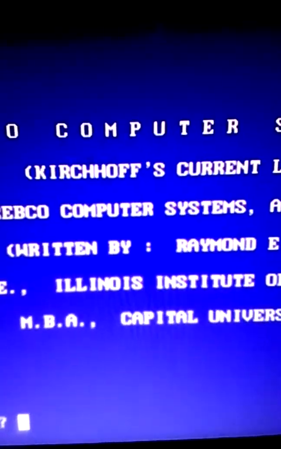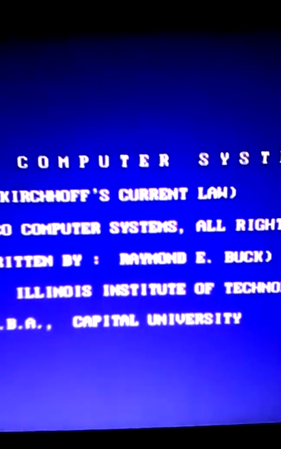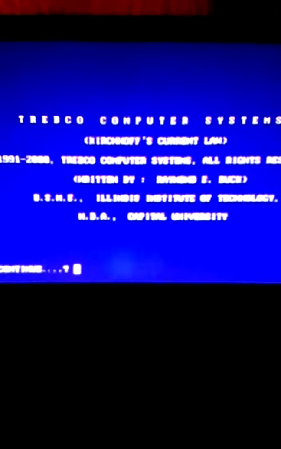Today we're going to be looking at Kirchhoff's current law. This is part of the Trebco Tablet featuring the Trebco personal intranet, and of course, we can't forget the Trebco Coderian matrix.